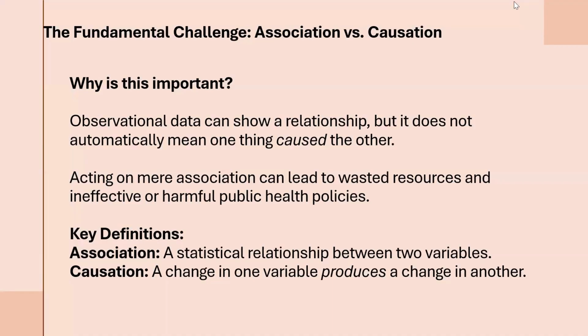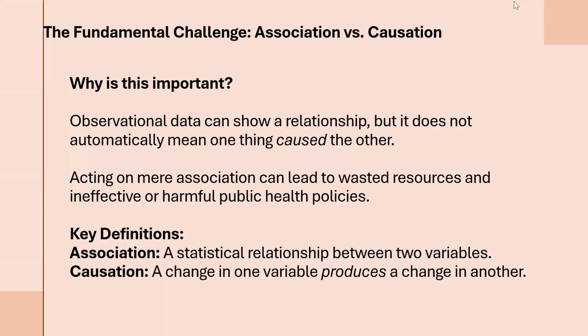So a fundamental challenge. Let's see what is the difference between association and causation. When do we say a relationship is an association, and when do we refer to that relationship as being a causal one? First of all, why is this important? It's important because when we collect data, when we observe data, we definitely see a relationship between variables that have been collected.